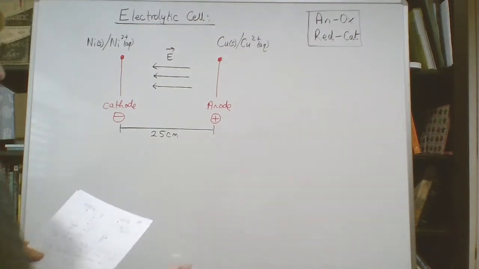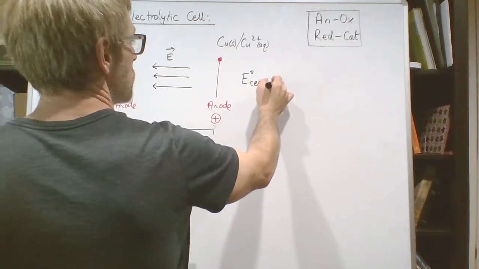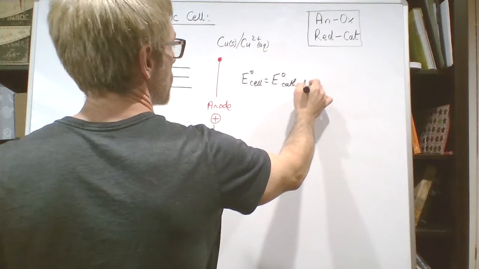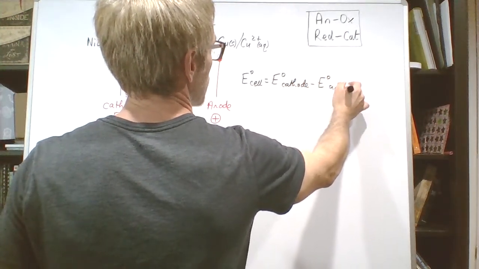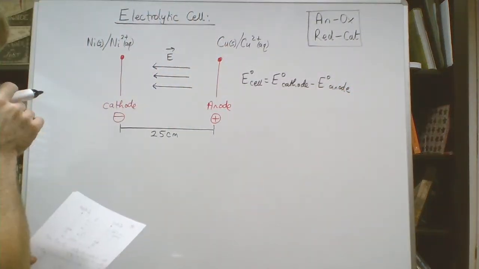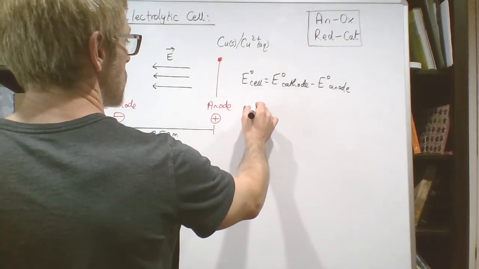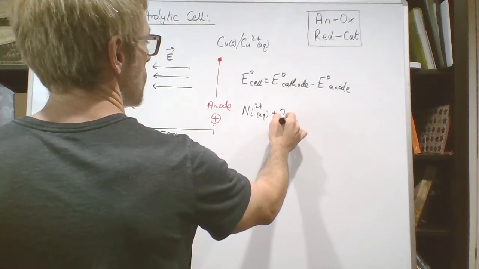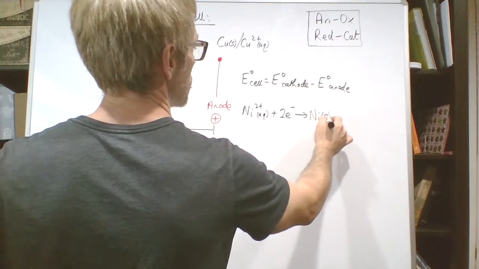We've again got our equation. E standard cell is E standard cathode minus E standard anode. And we're given standard reduction potentials, which in this case are nickel 2+ aqueous plus 2 electrons to give nickel solid.